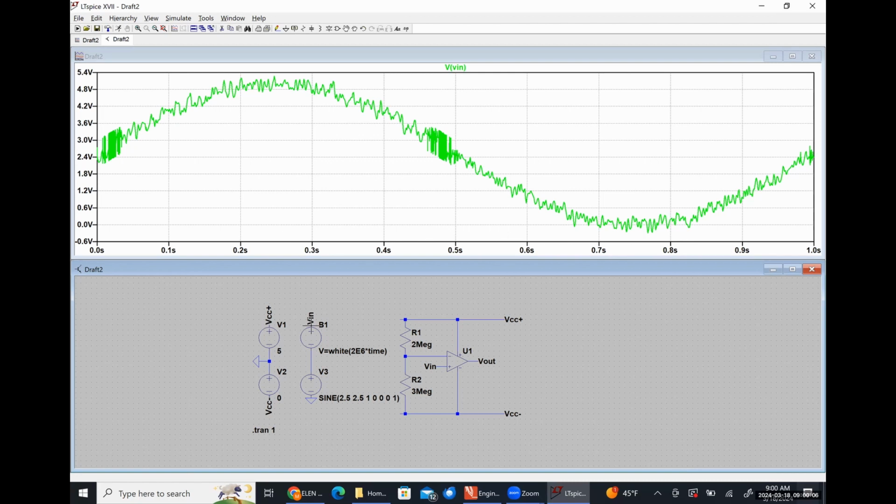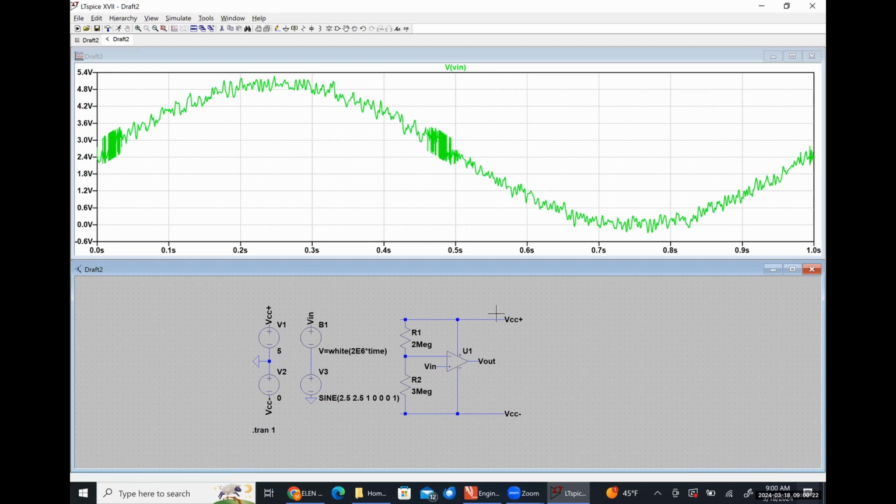Right, so we can see that it's still going from effectively 0 here-ish to 5 here-ish, but there's some noise added on top. This is a pretty significant amount of noise.